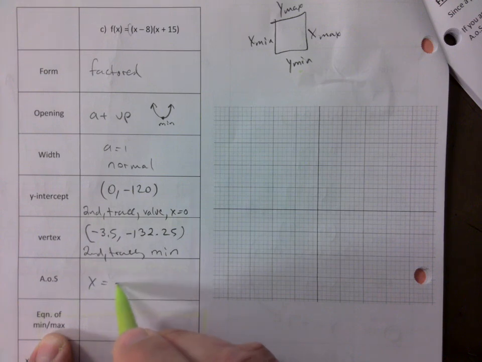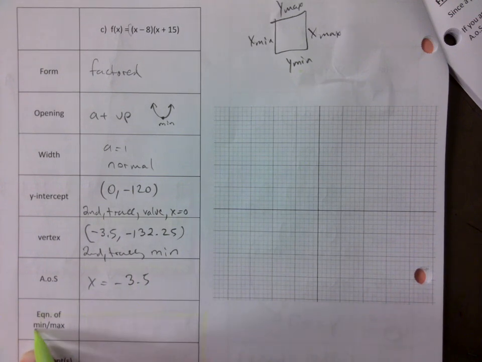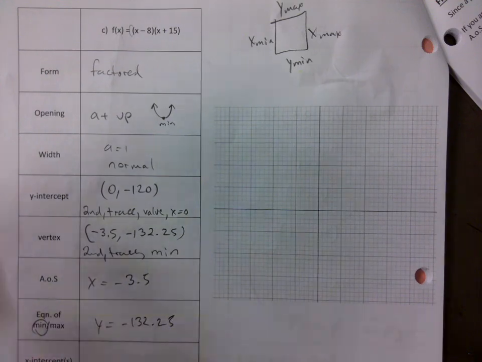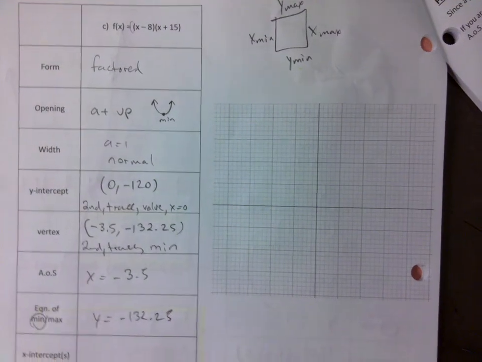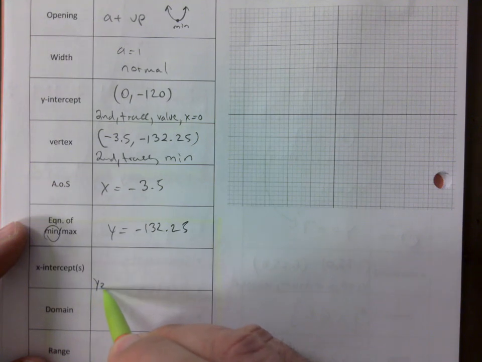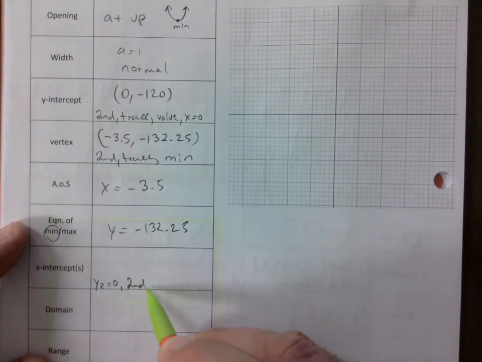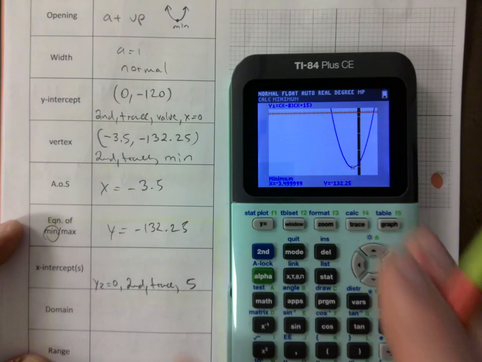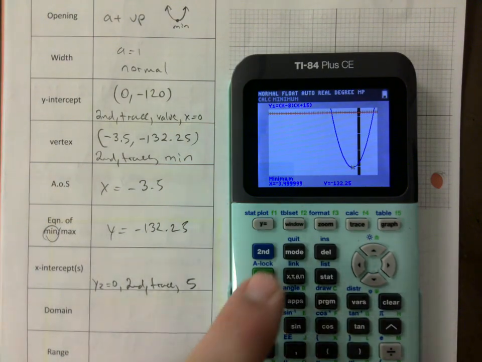Axis of symmetry, equation of min. What's the x-intercept? We're going to go find it. This is how you show your work. y2 is equal to 0. Second, trace 5. I'm okay with you just saying second trace 5 at that point.